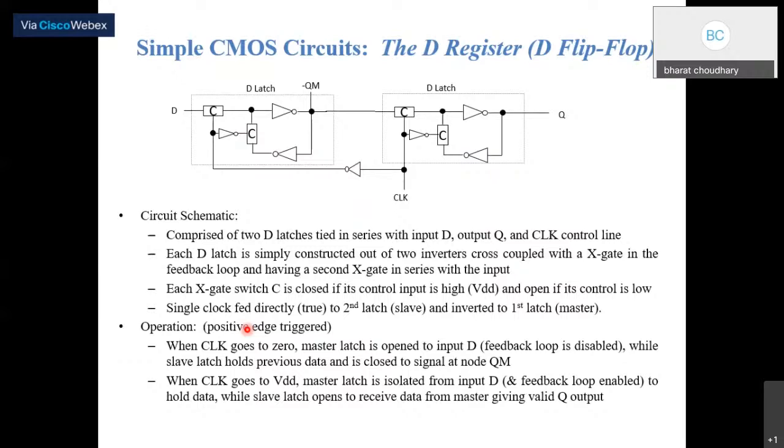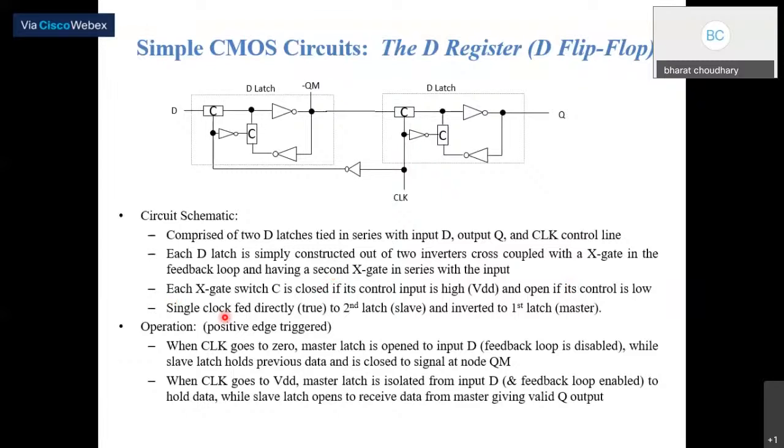Each D latch is simply constructed out of two inverters cross coupled with a transmission gate. Here there is a transmission gate, and in the feedback loop a second transmission gate, this one in series with the input. Each transmission gate switch is closed if its control input is high and open if its control is low.